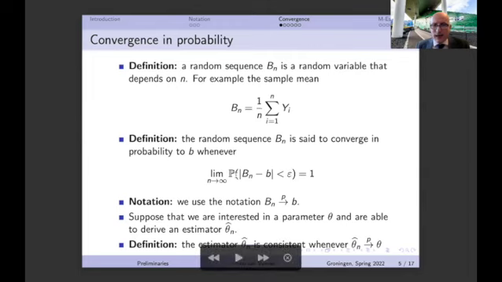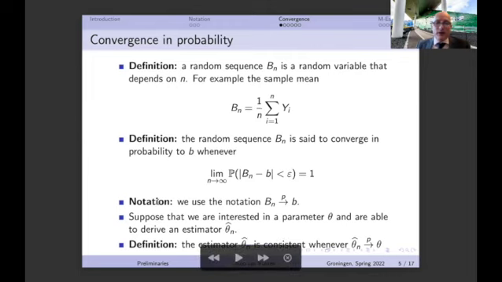It has a particular value for any epsilon that we have over here. Therefore, we can look at the difference between this probability and 1, and what we would like is that this difference, in absolute value, converges towards 0 in exactly the way as we typically have in a deterministic case.